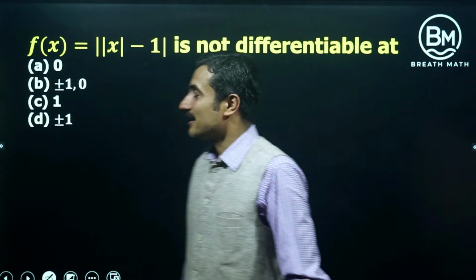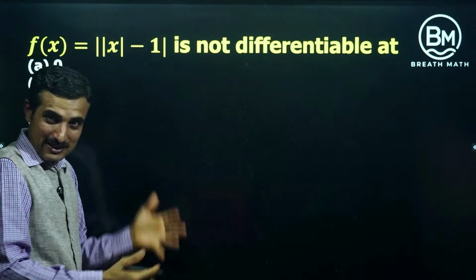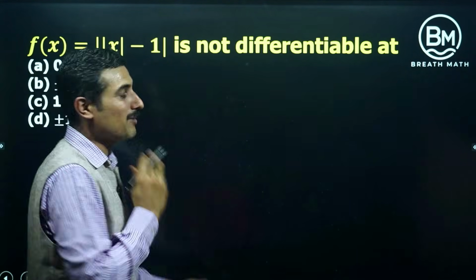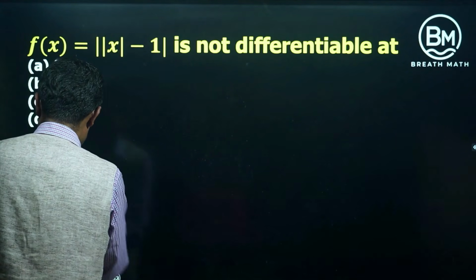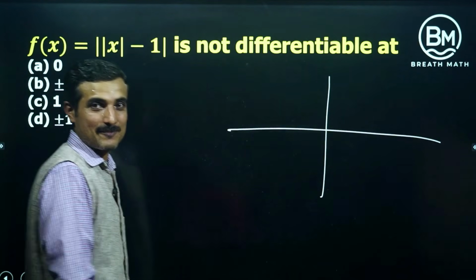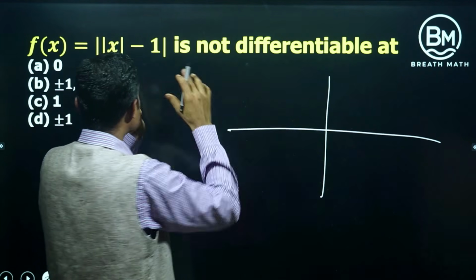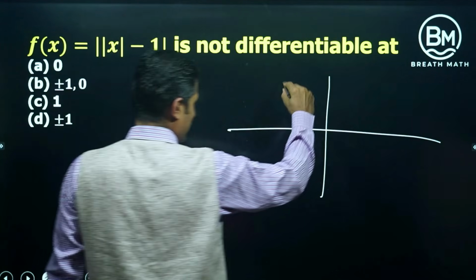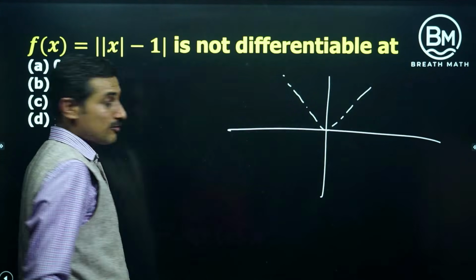Next one. Final question, f of x equal to modulus of mod x minus 1. It is not differentiable at. You repeat the same concept, taking mirror image about the y-axis and x-axis. First you draw mod x minus 1. Mod x looks like this.